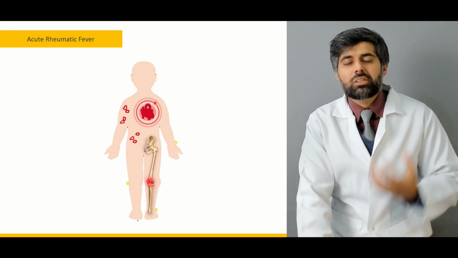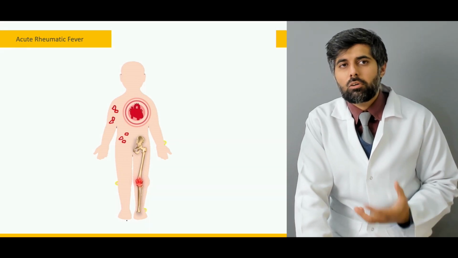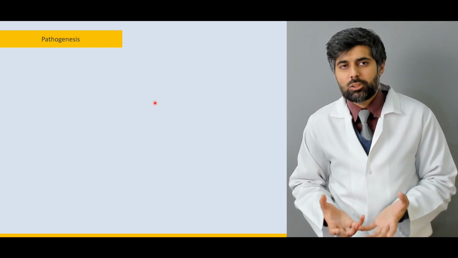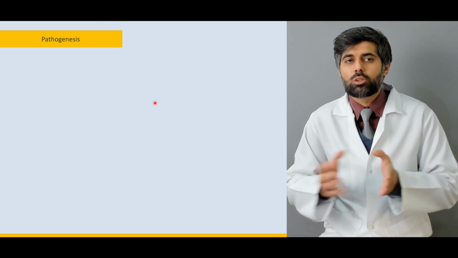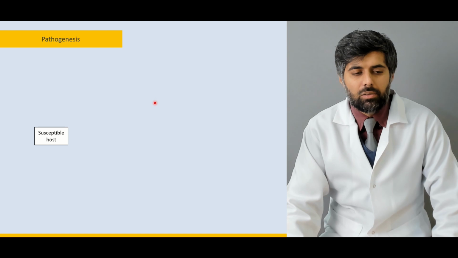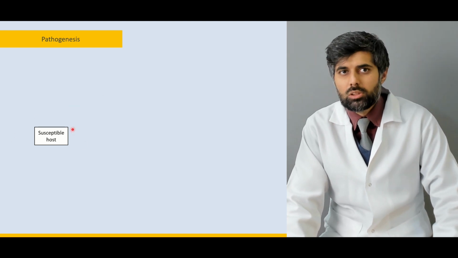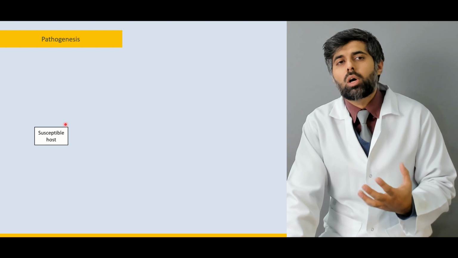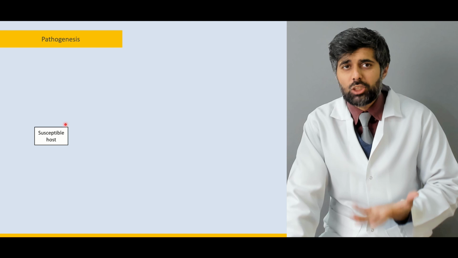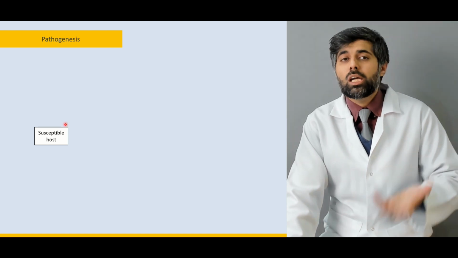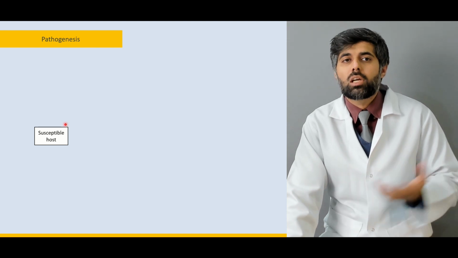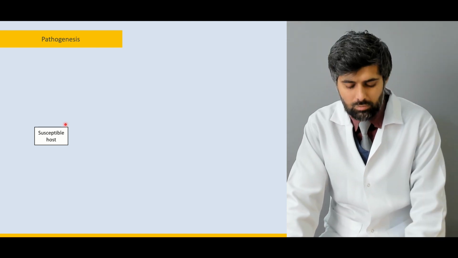Now, in order to understand rheumatic fever, we have to understand its pathogenesis: how it takes hold, and how it courses through the life of the patient. We have a susceptible host. A susceptible host is one which has experienced a sore throat or bacterial pharyngitis, because now he or she has the group A streptococcal antigen in his or her body.